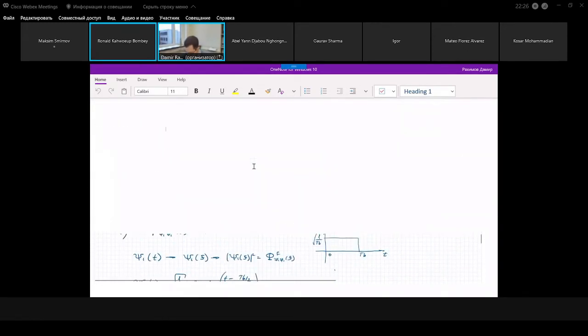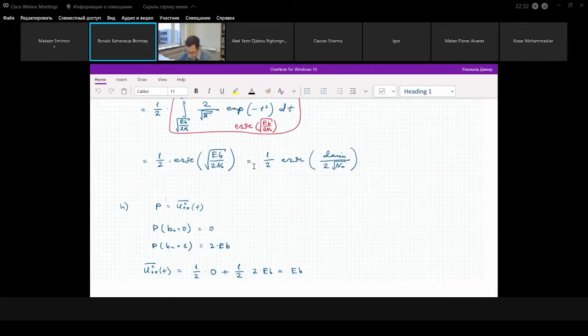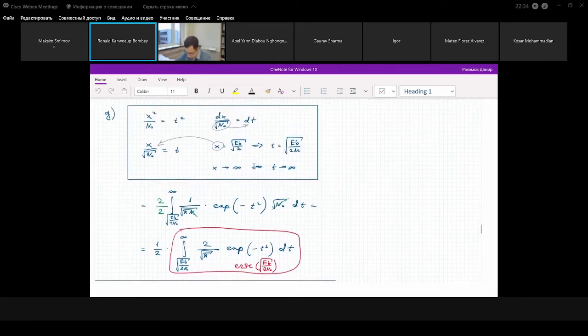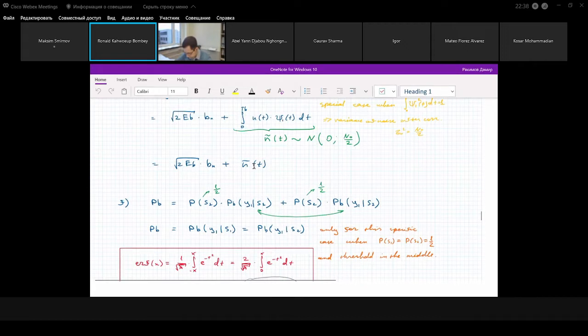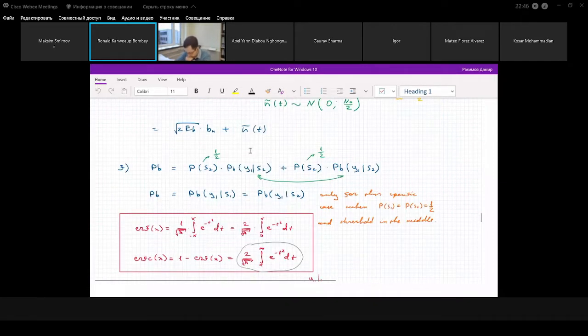When we calculated the bit error rate, first when we have a 0 and then a 1 is received, and then we also calculate the probability when we have a 1 and then a 0 is received instead.